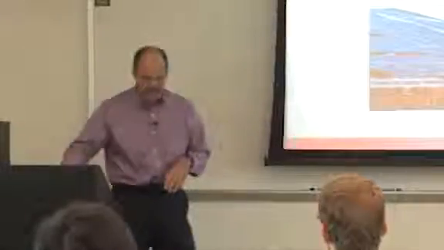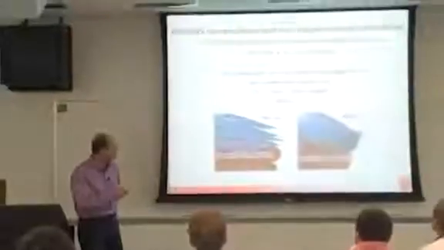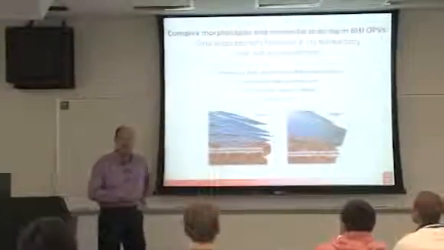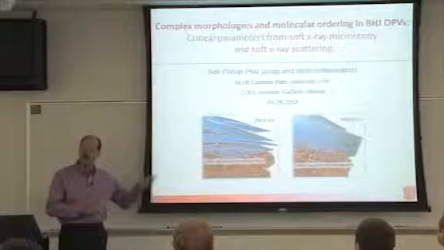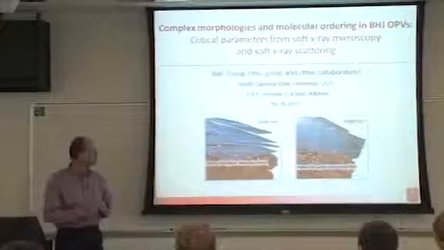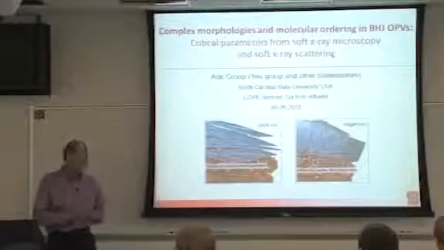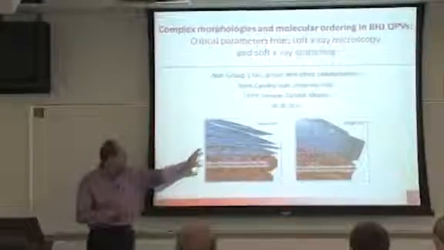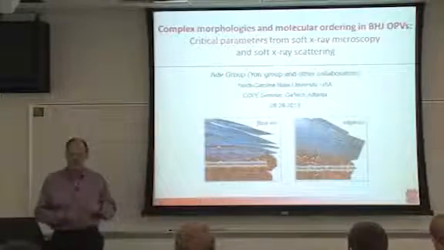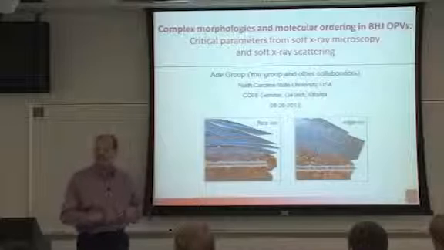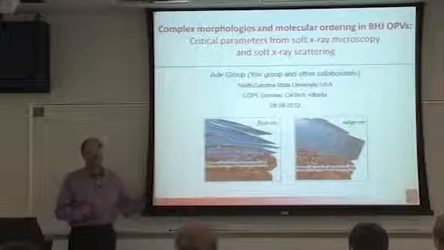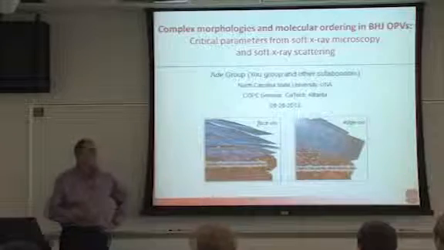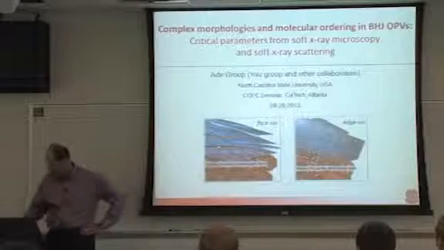And I'm giving away already a little bit here sort of the punchline that you have asymmetric molecules, semiconducting molecules that have a backbone that is semi-planar, and that backbone can be either face-on or edge-on relative to a bulk heterojunction interface. And that's extremely hard to measure, and yet it might have important implications for the device performance.